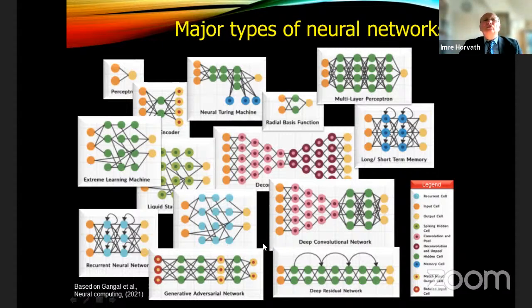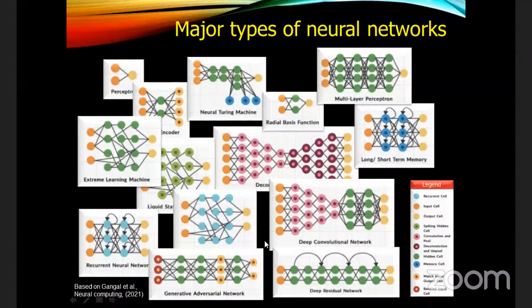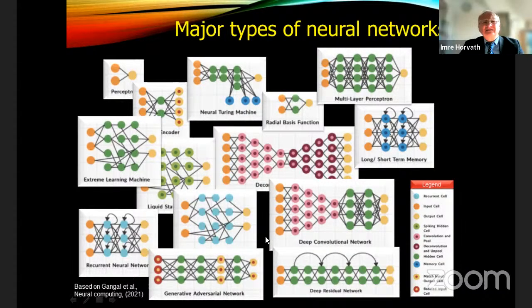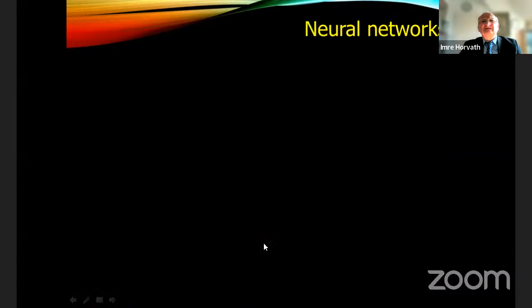Actually, I also used the information from this particular paper for this overview, what I'm showing here. Obviously, it is not possible to discuss this variety of neural networks. I will focus later on only 3 of them, which we believe have an importance for smart cyber-physical system development, because they have certain operational characteristics which make signal processing easier with regards to cyber-physical systems.